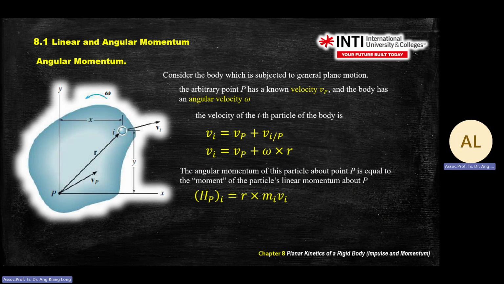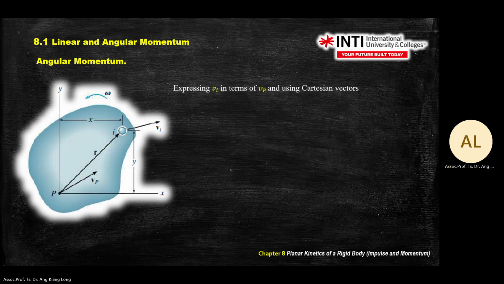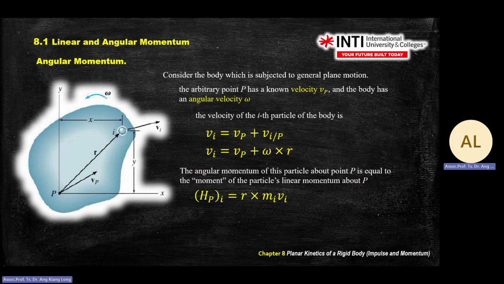In this case, you take the r, the arm of the linear momentum, and cross it with mv. This is important because you will see this in your test too. This formula, HP equal to r cross mv. Okay, HP is the moment of linear momentum.